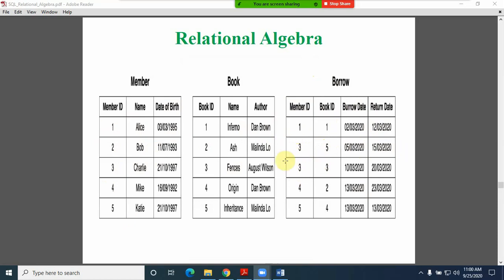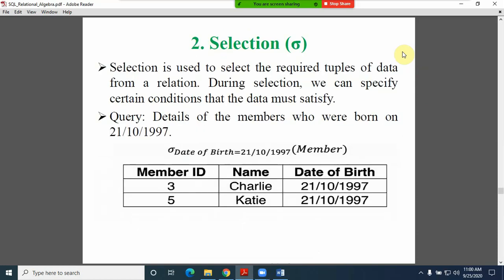Based on that particular convention you can get the appropriate outcome. So the output must be only 3, friends, because out of 1 2 3 4 5, 2 has not taken any book, and member 3 has taken 2 books. Our requirement is that we are just applying some condition, so based on that condition we are outputting the records, and the output must be like this.